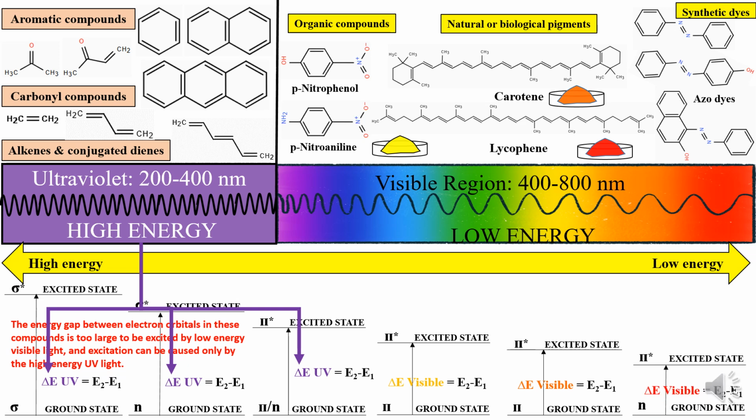Now in case of colored compounds, the energy gap between the ground state and the excited state decreases, and this small energy gap can be filled by the visible region. So the visible region has a sufficient amount of low energy that can fill up this small energy gap that you see in case of organic compounds, natural pigments and synthetic dyes.